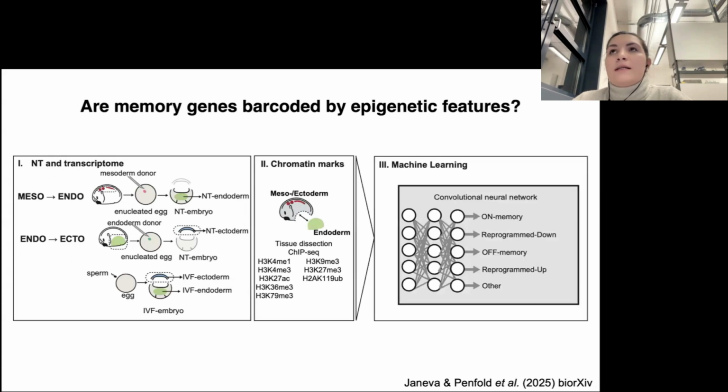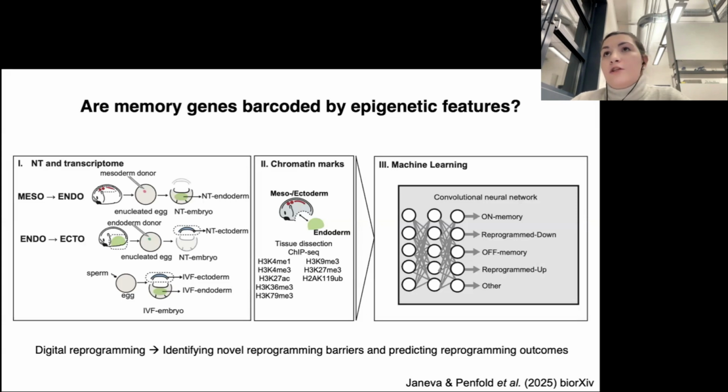And in order to make sense out of this huge body of data that we got and to identify whether there are certain hidden or complex patterns in these data sets, we developed a machine learning model based on convolutional neural networks, which could represent the chromatin and transcriptome data as images, and basically analyze which of the genes that demonstrate certain characteristics would be resistant to reprogramming or memory genes, or which genes would correctly reprogram or not fall into any of these categories.